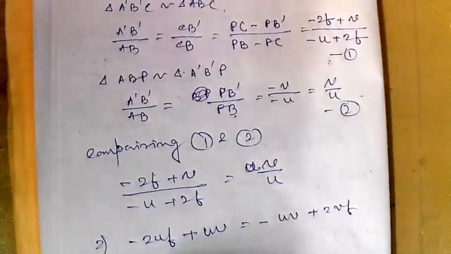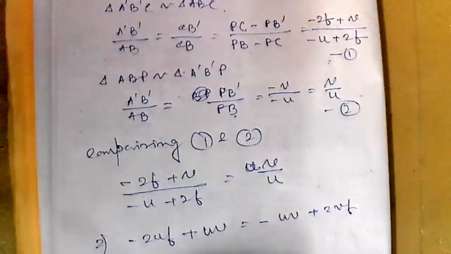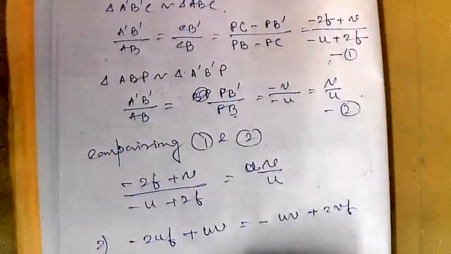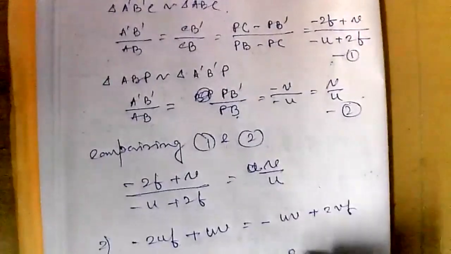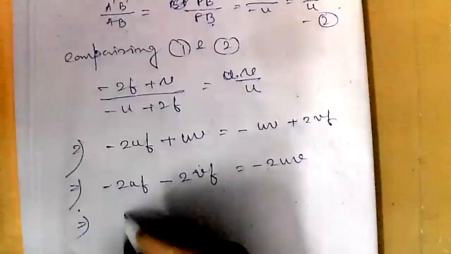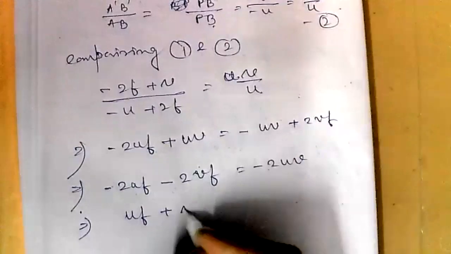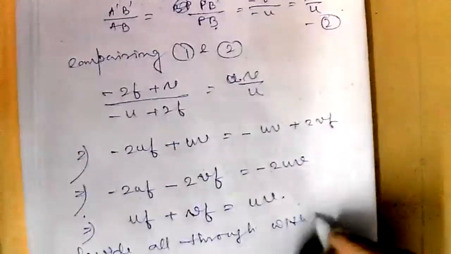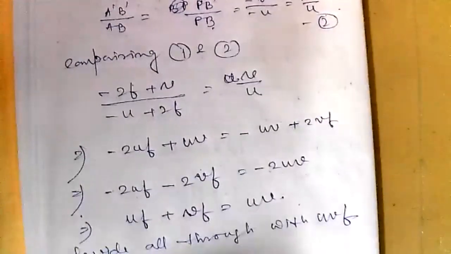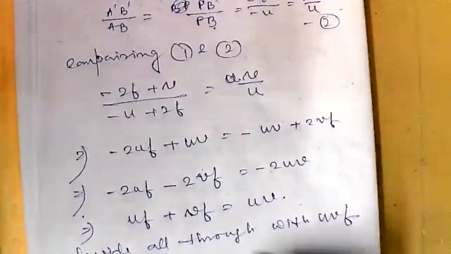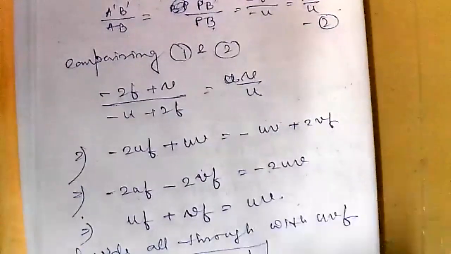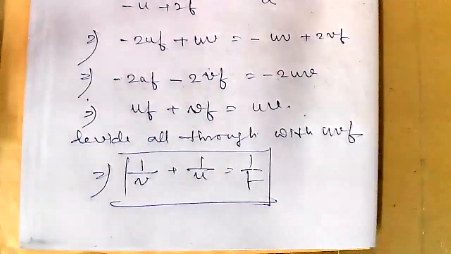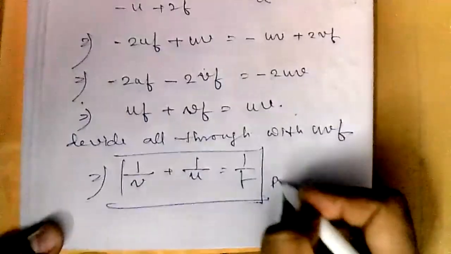Or you can take minus twice UF minus twice VF equals minus twice UV. Or you can write UF plus VF equals UV. Now divide all through with UVF. You will get 1 by V plus 1 by U equals 1 by F. Proved.